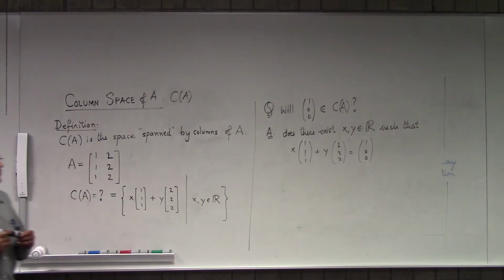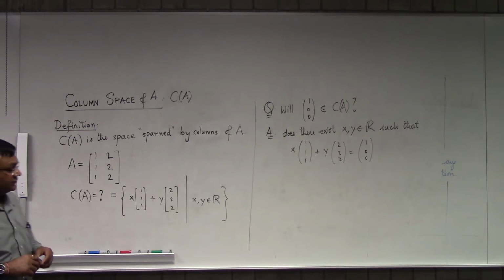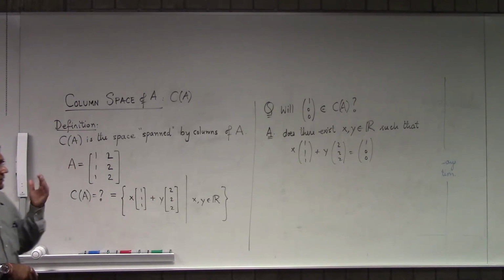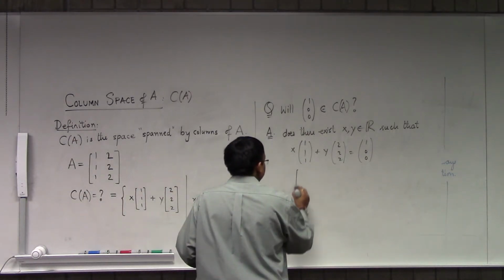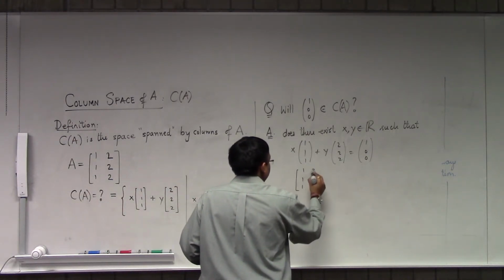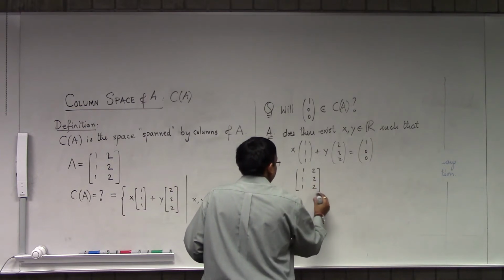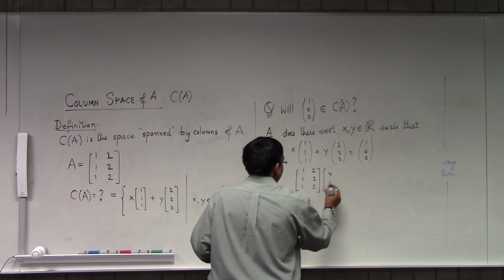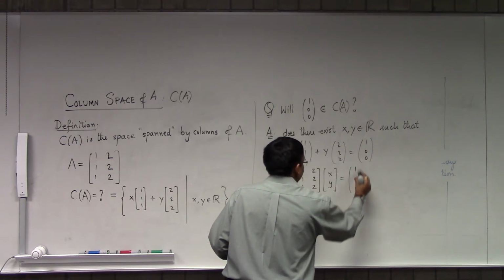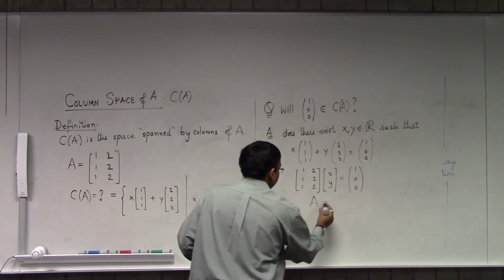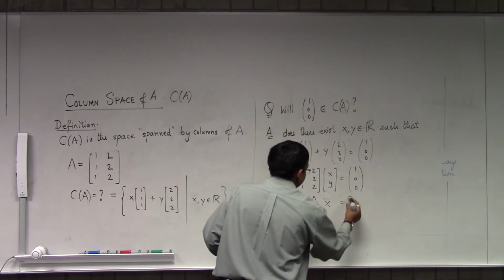So eventually, what are we doing? Aren't we back to solving a system of linear equations? And if you recall, when we were talking about the consistency of a system, this is what I had mentioned, that this system can be thought of as a system of the form AX is equal to B. So what are we asking?